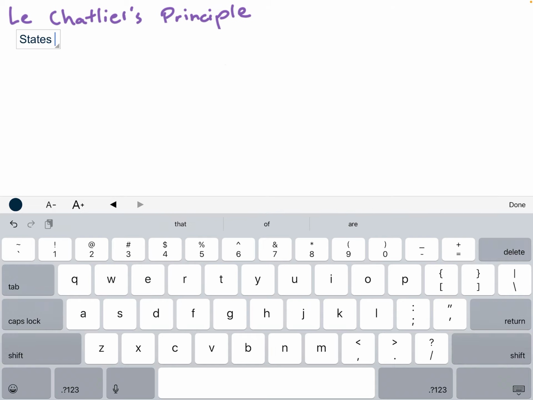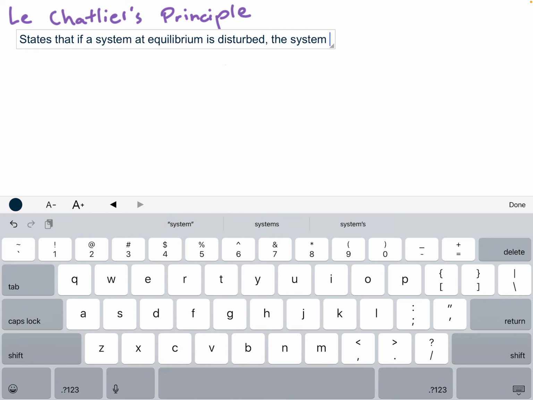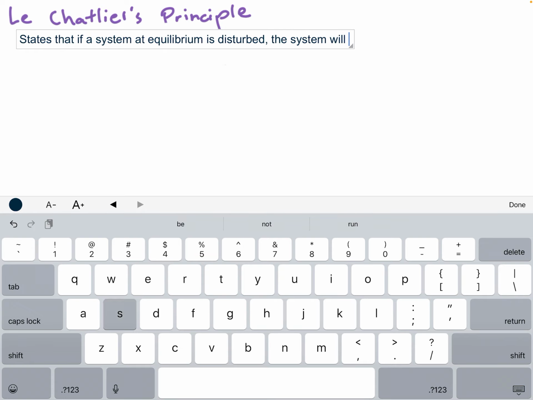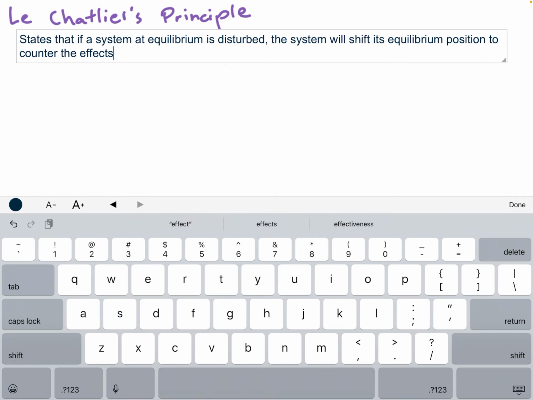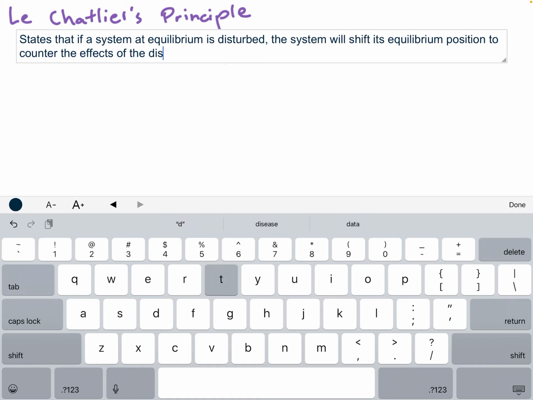Le Chatelier's principle states that if a system at equilibrium is disturbed, the system will shift its equilibrium position to counter the effects of the disturbance.